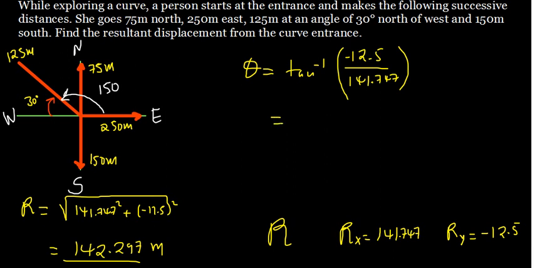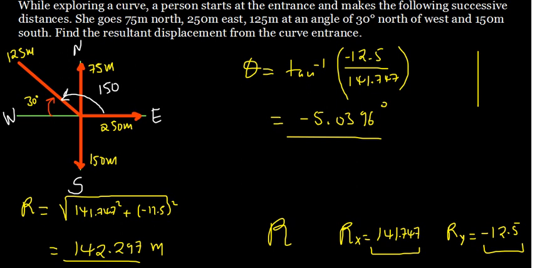Negative 12.5 divided by 141.747. The answer that we get, we press tan inverse. This has given me negative 5.0396 degrees.